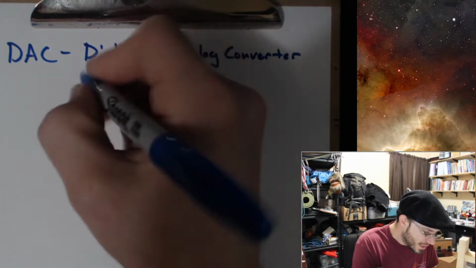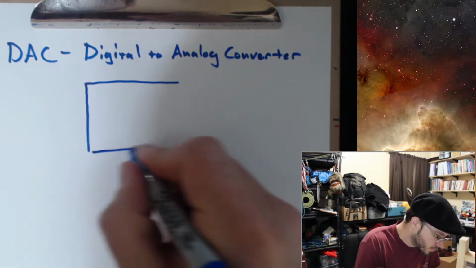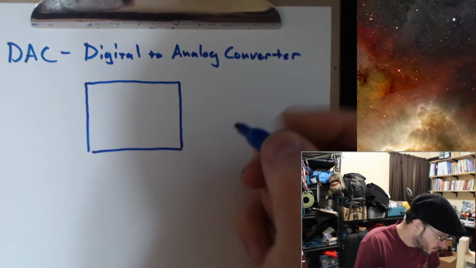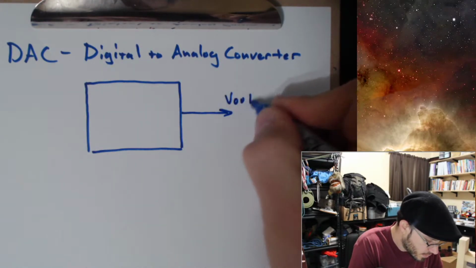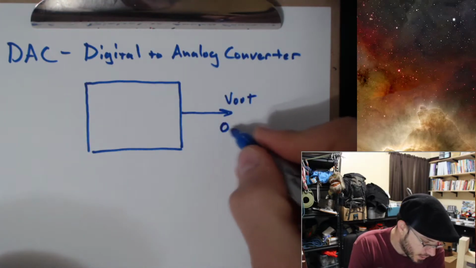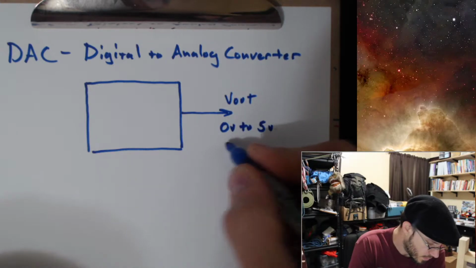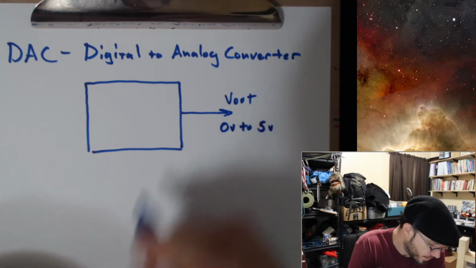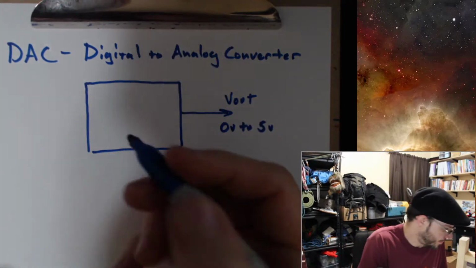And our DAC produces an analog value, say 0 to 5 volts, and it takes in a number of bits.